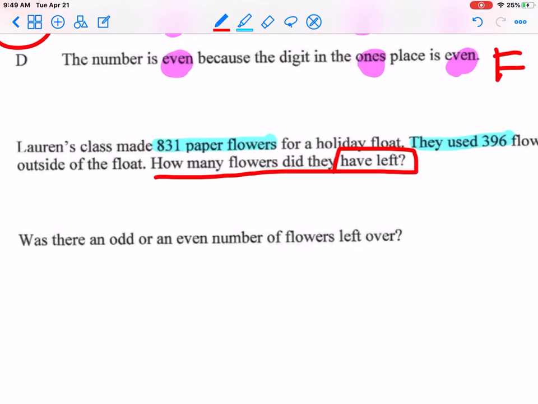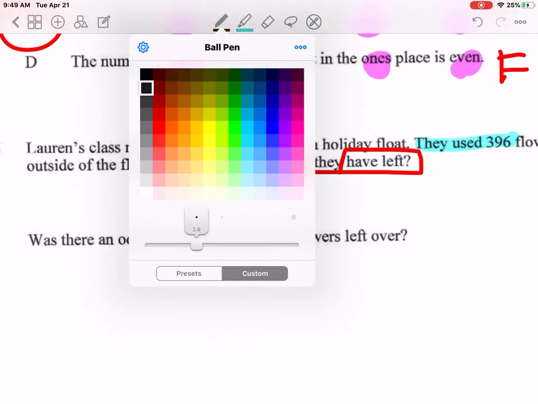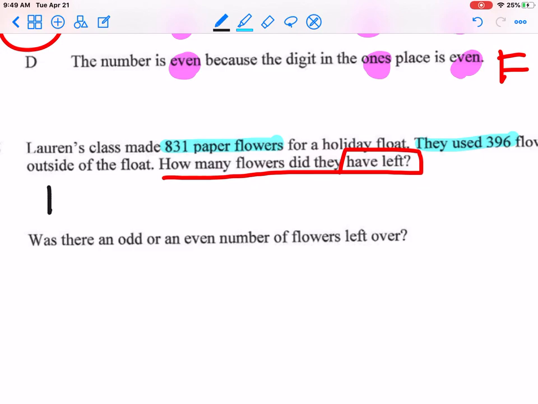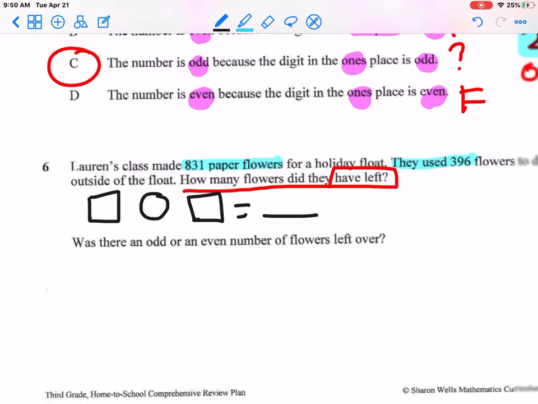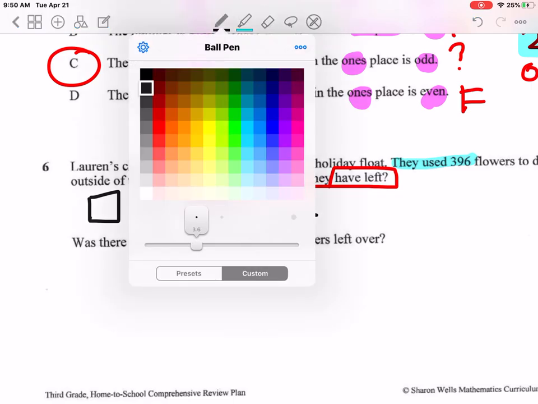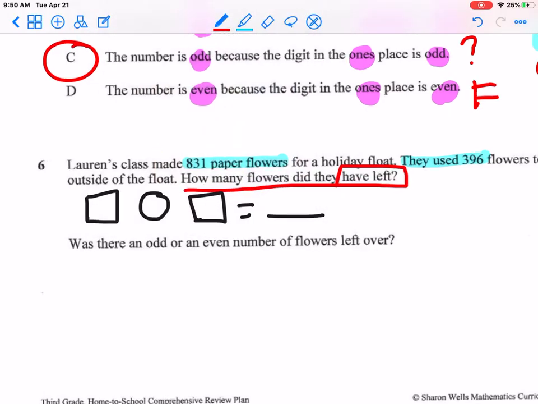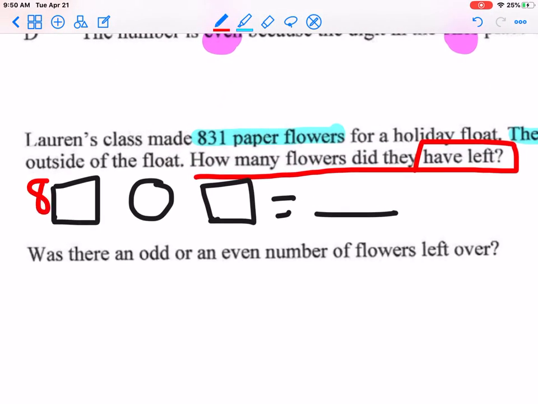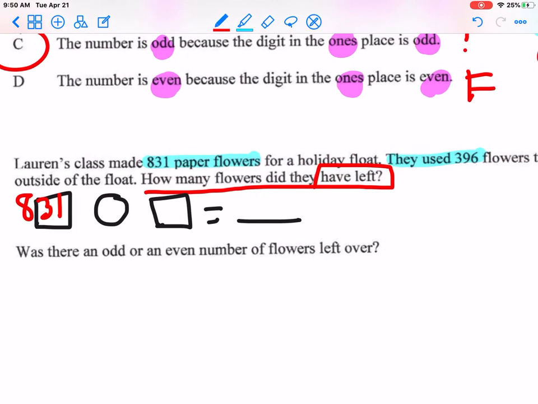So I need to write my number sentence. It's going to look like this: a number, an operation, a number equals. So what is my first number? I know my first number is 831. I know that my second number is 396. Now what does it say? They used.